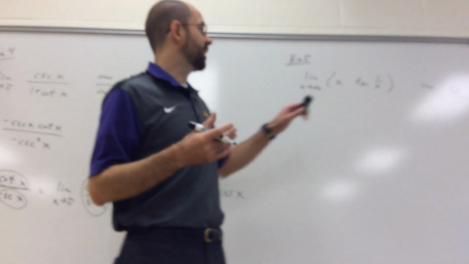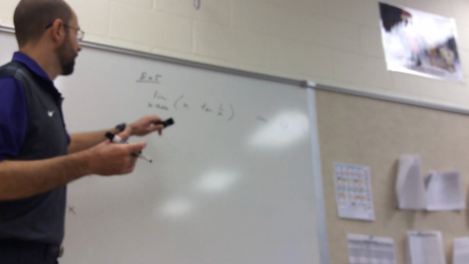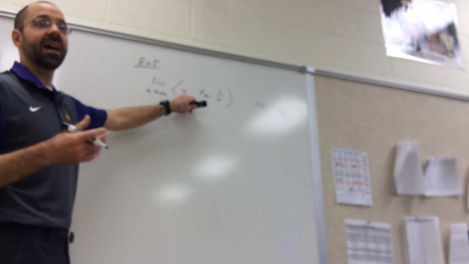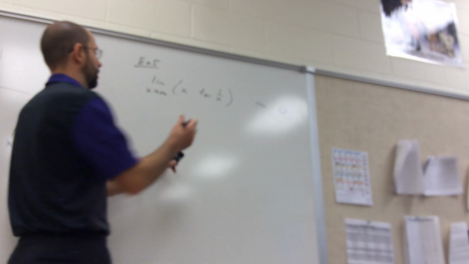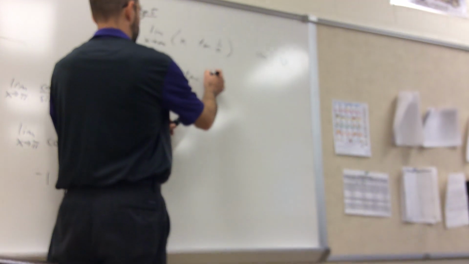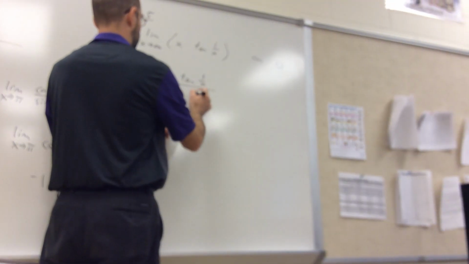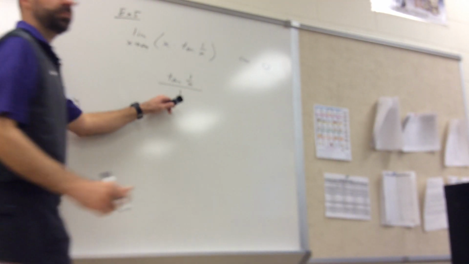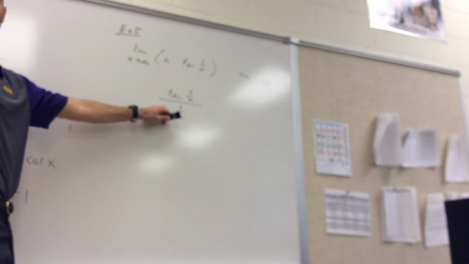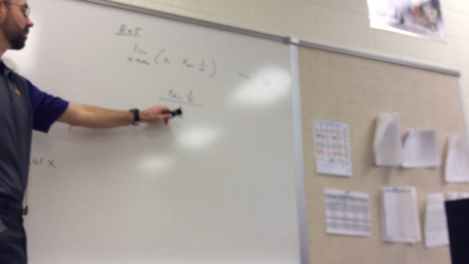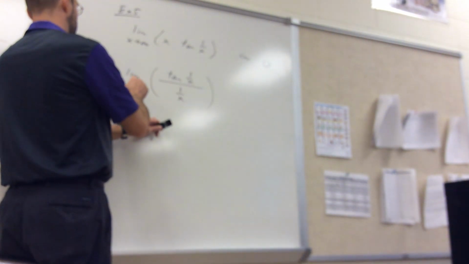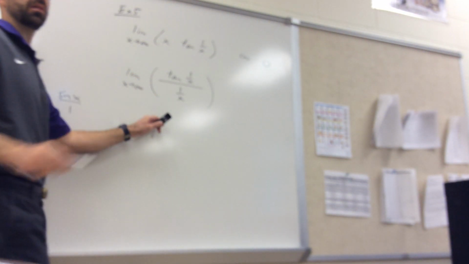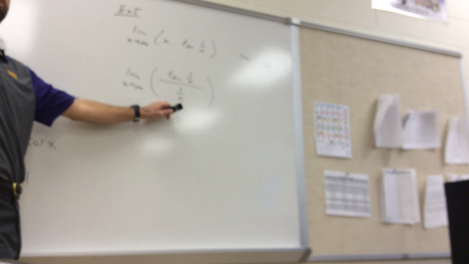So what we're going to do when we get infinity times 0 is we're going to, instead of multiplying by x, we're going to divide by 1 over x. Is that okay?